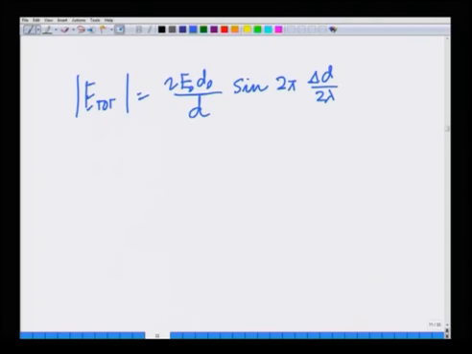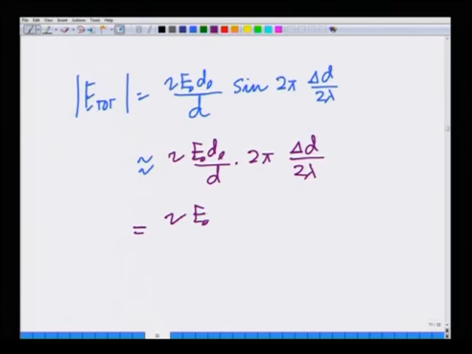Since delta D is fairly small, I am going to say this is approximately equal to 2 E naught d naught by d times 2 pi delta D divided by 2 lambda, since for small theta, sin theta is approximately equal to theta.